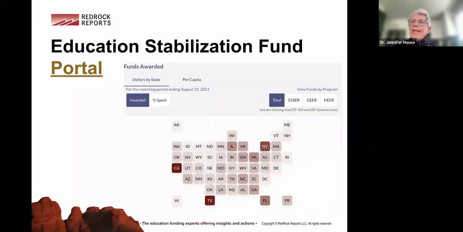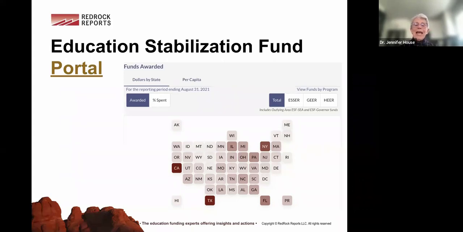So how do you find out how much has already been spent in the stimulus money and what's left, and where can I find out about my particular school? So there is a portal. When I say portal, see the hot link with the word portal, you can click on that. And what you'll see is the funds awarded, dollars by state, and the percent that's already been spent.